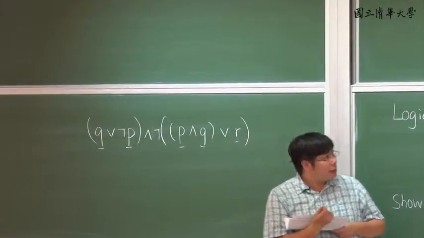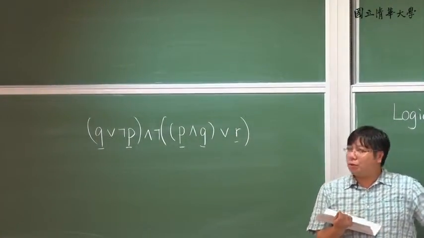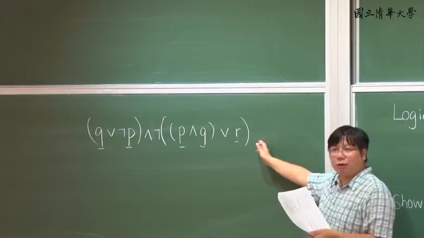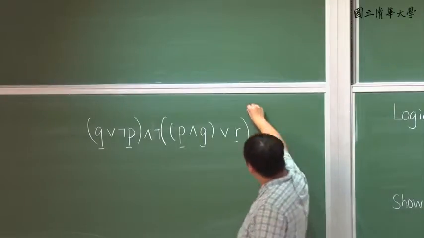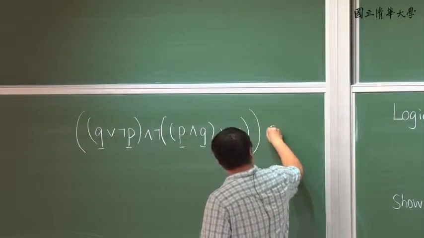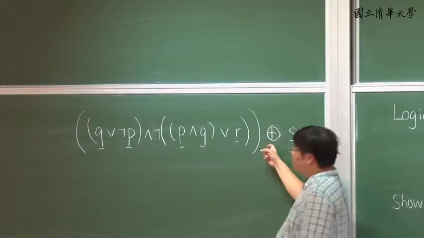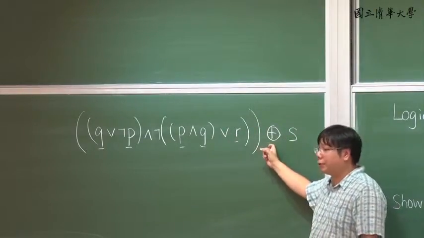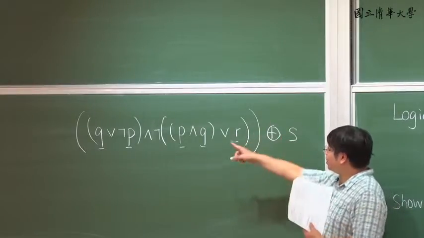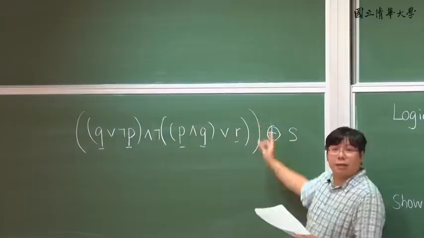And this AND, OR, NOT is so great that no matter how complicated your proposition is, even if it uses other logical operators like this one, a new operator, the exclusive OR, we can always use another proposition without the exclusive OR.